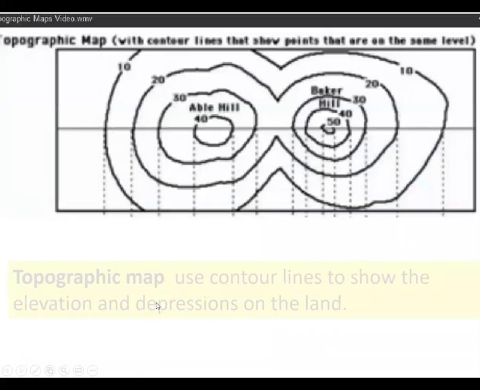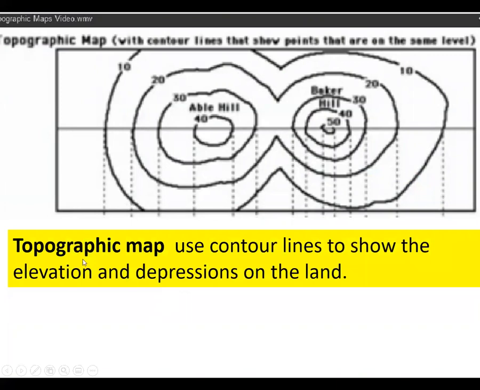Now, a topographic map uses contour lines to show the elevation and depressions on the land. So this is another example of a topographic map. That's Able Hill and that's Baker Hill. Now, between Able Hill and Baker Hill, which is higher or which has a higher elevation?